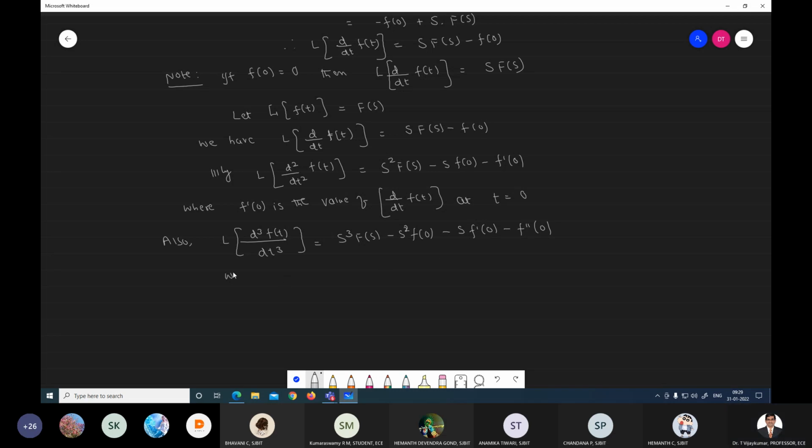Here f double dash 0 is the value of d square f of t by dt square at t equal to 0.